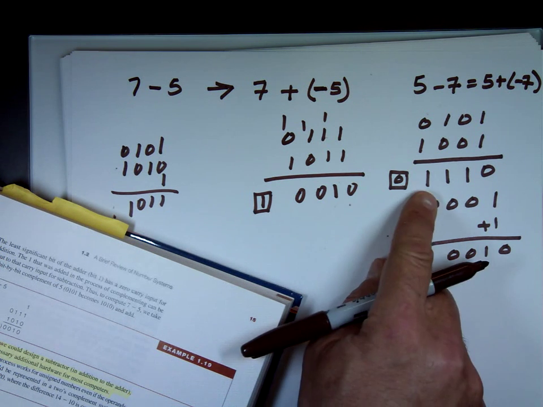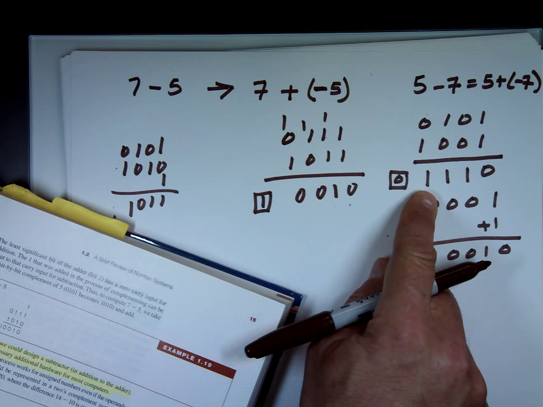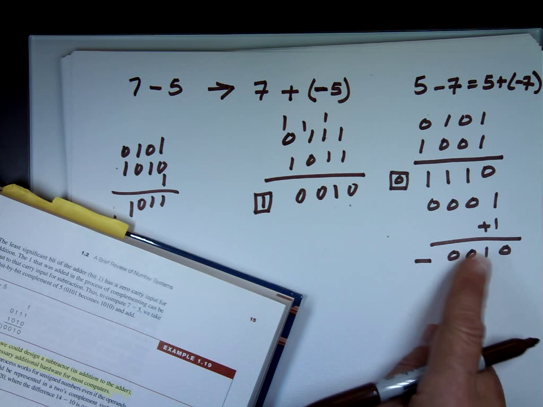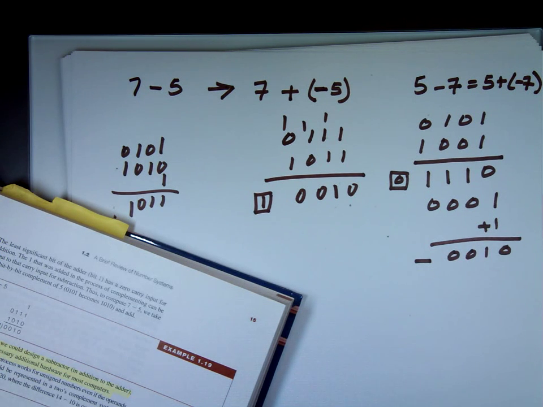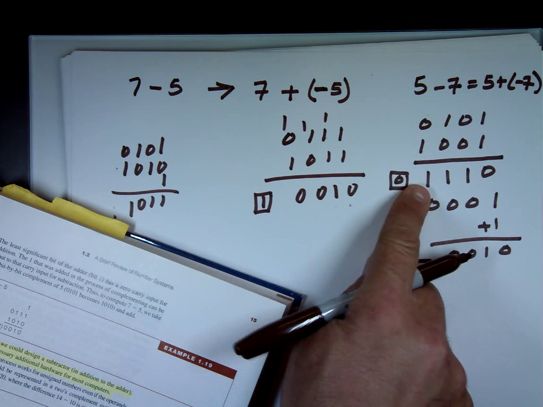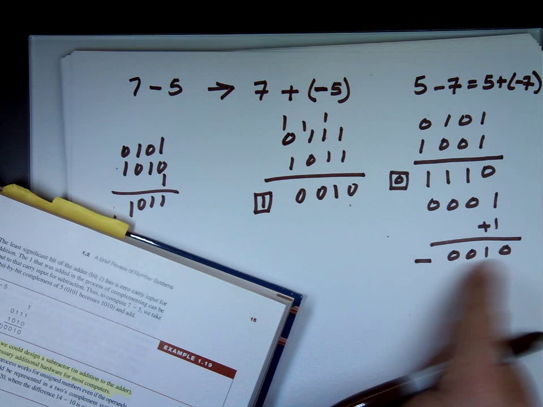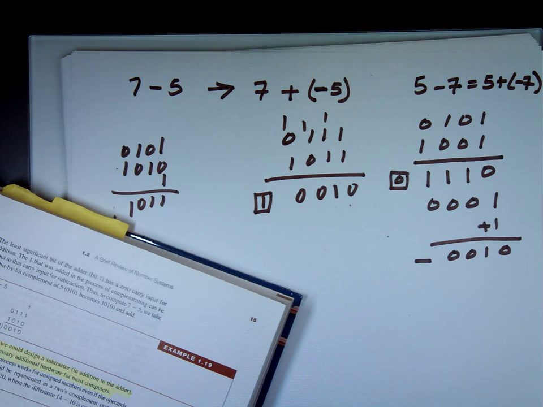It tells you it's negative, but it's telling you in 2's complement. So to get the actual number, you have to take the 2's complement of that number, which is 0, 0, 1, 0. The value of that number is actually a 2. Now when the signs are different, we ignore that carry.